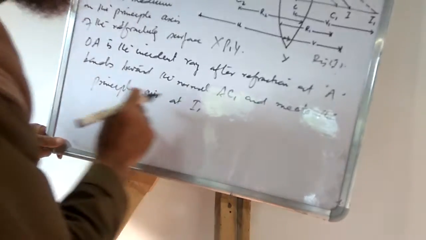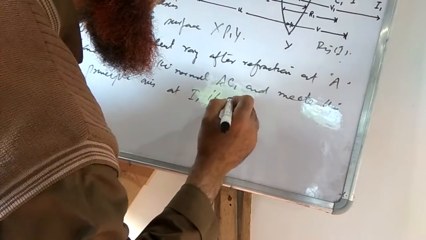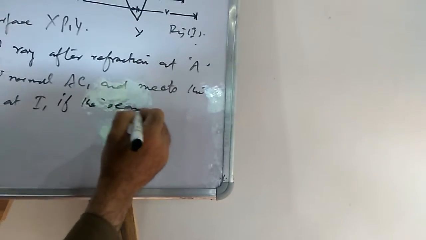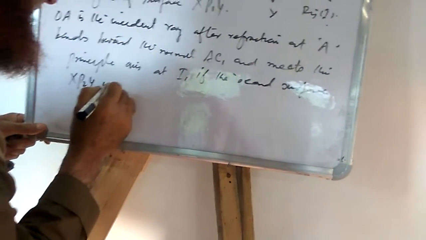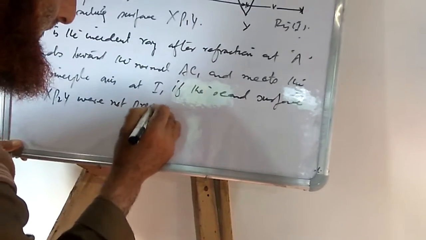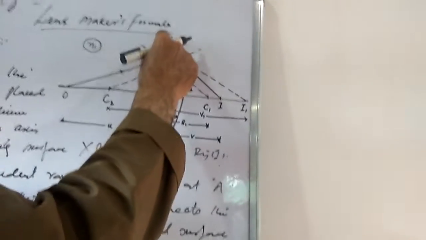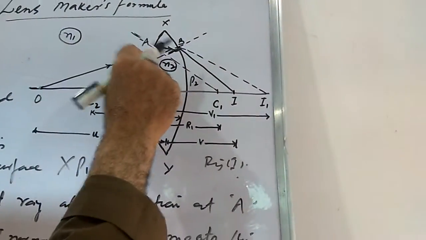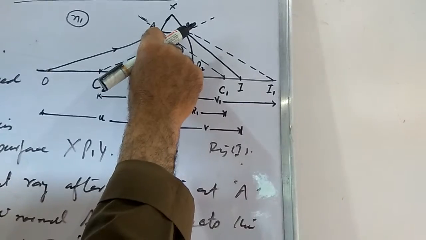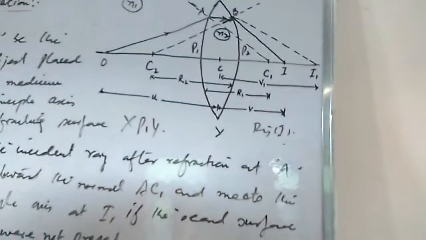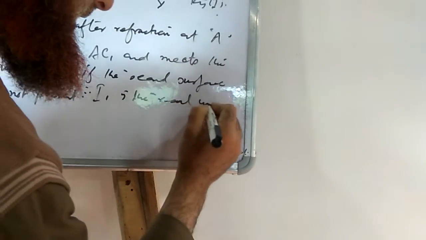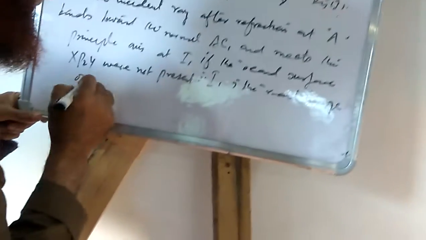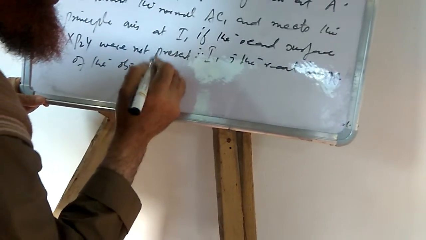That means if we consider that the second surface XP2Y is not there, then this incident ray OA, after refraction at A, meets the principal axis at I1. Therefore I1 is the real image of the object O.